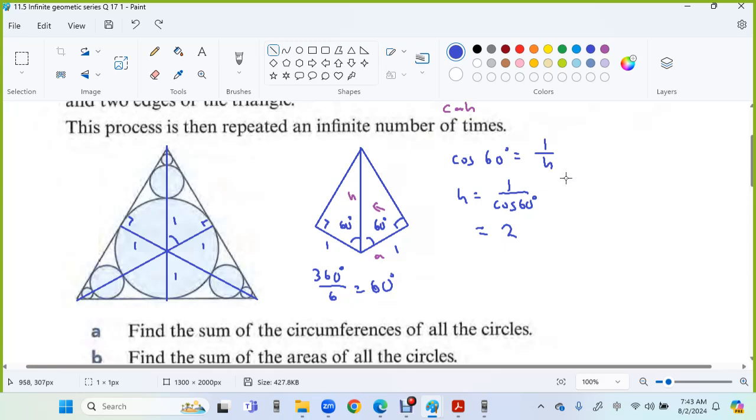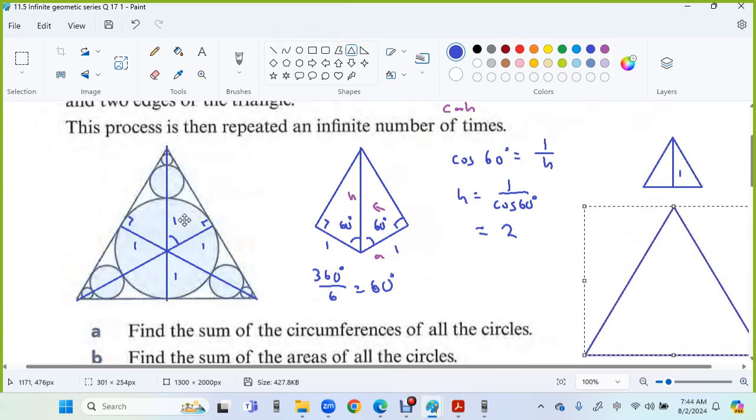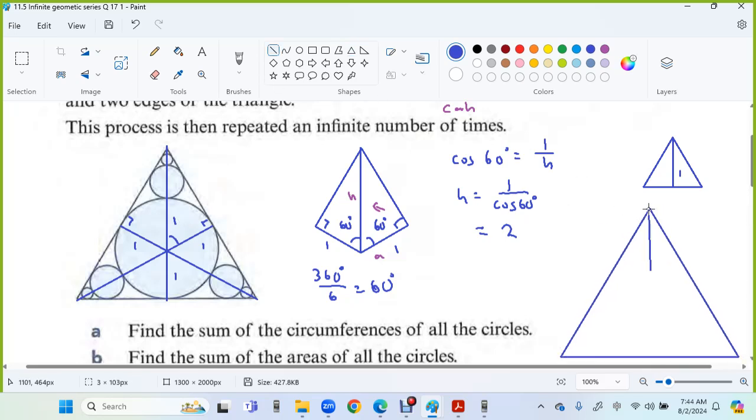Over here, we imagine we have a right angle triangle here, and then this is 1, and the whole thing, this one, this is 2. This whole thing is 3.